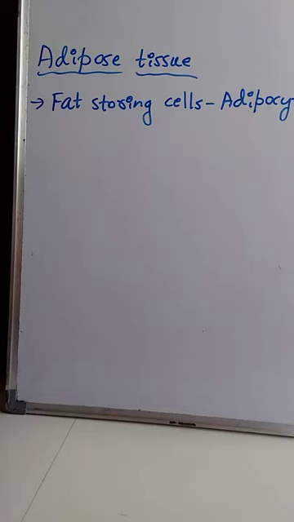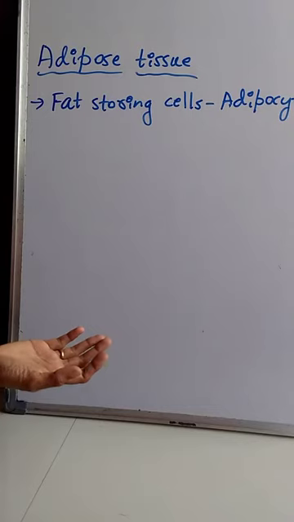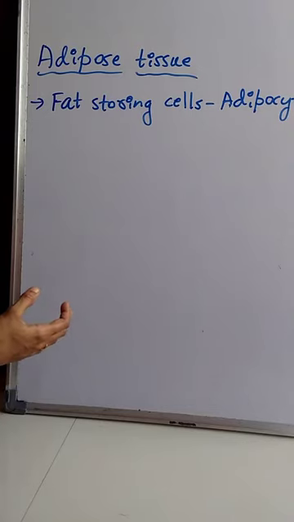The excess of nutrients which are not used immediately are converted into fats and then stored in the adipose tissue. When we consume food, we may take excess food, and that excess will not be utilized immediately to do work.